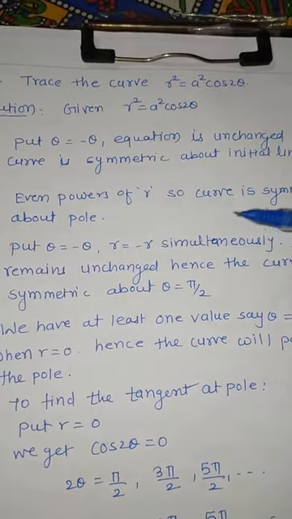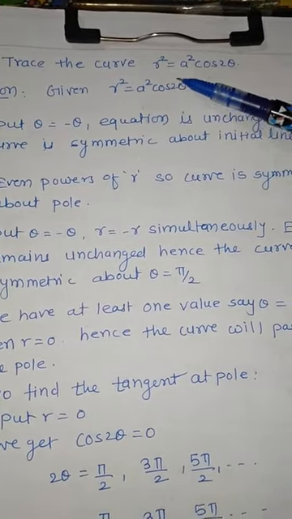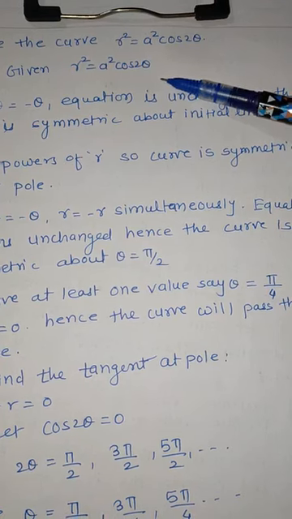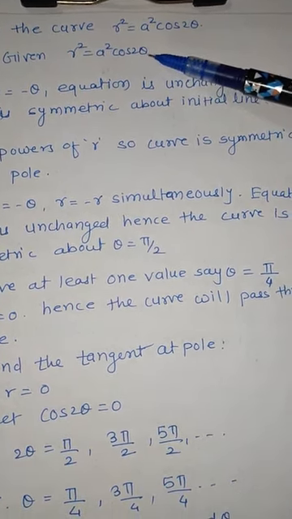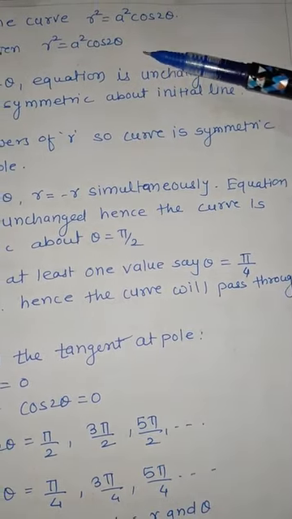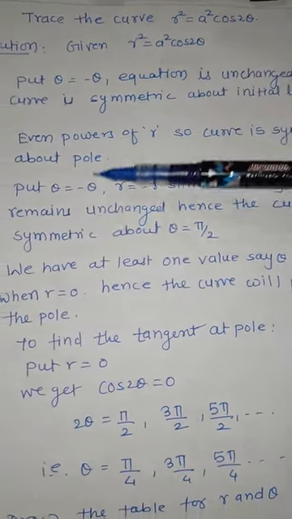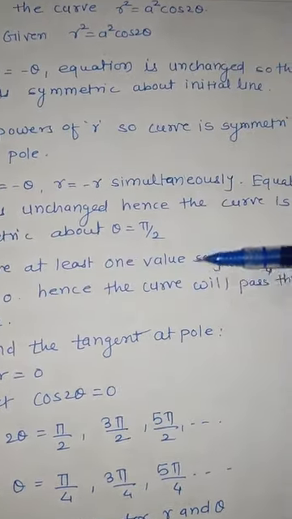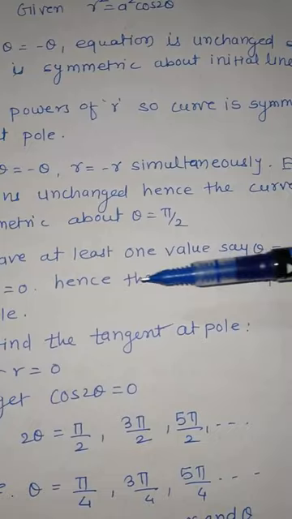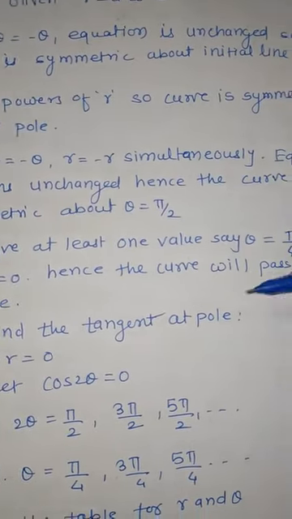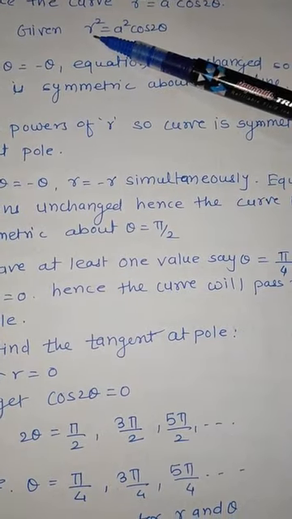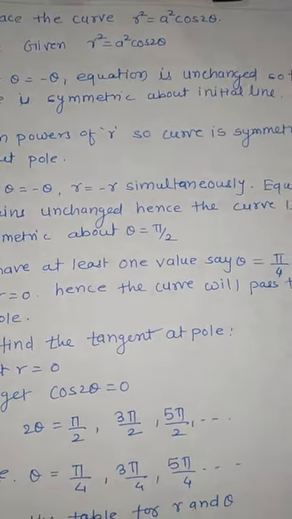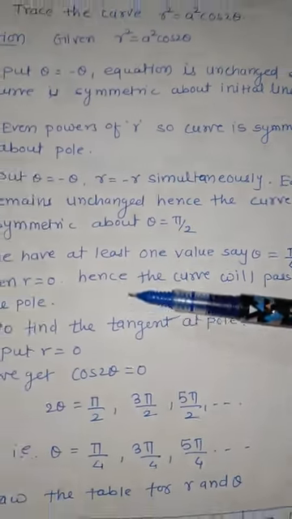If I take theta equals pi by 4, then it becomes cos of 2 into pi by 4, that is cos pi by 2. Cos pi by 2 is 0. That means we get the value 0. Hence we can say that the curve will pass through the pole. For the angle theta equals pi by 4, we get r equal to 0. Therefore the curve passes through the pole.